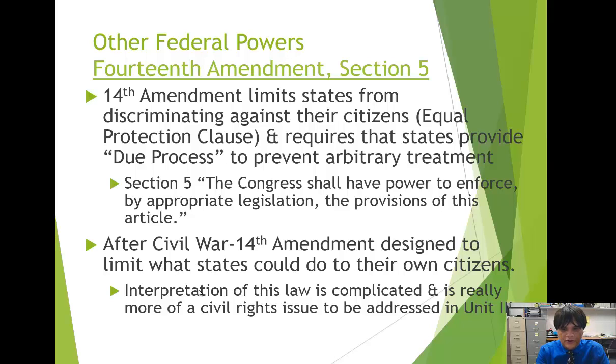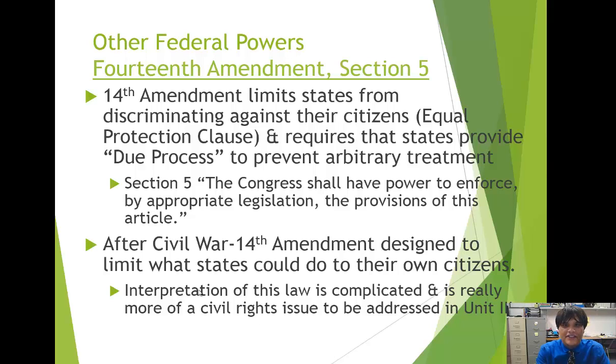After the Civil War, the 14th Amendment was designed to limit what states could do to their own citizens. Interpretation of this law is complicated because there's a lot of things that could be considered discriminatory or arbitrary, and so that's up to interpretation. But for the most part, it's much more of a civil rights issue.